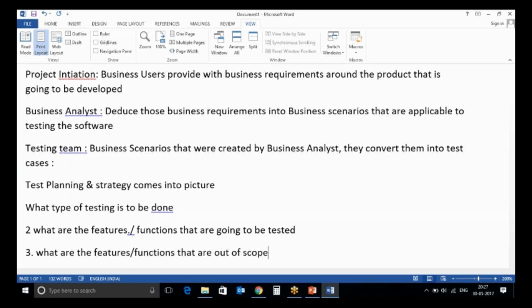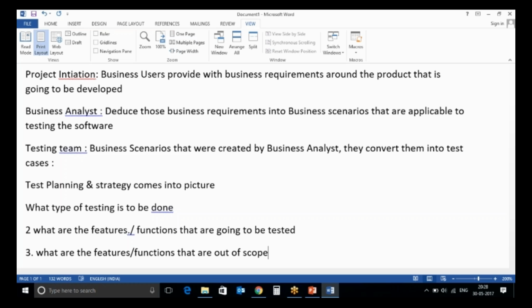It's very important to clearly mention which things are going to be implemented for this project and which are out of scope, so that in the future the business users cannot get back to you and say that we said this thing was to be implemented. At that point you can clearly show them in the test plan that this was agreed upon as out of scope and will not be implemented.